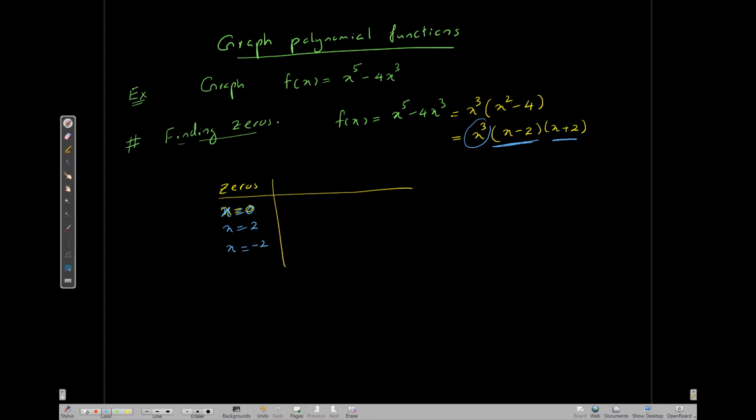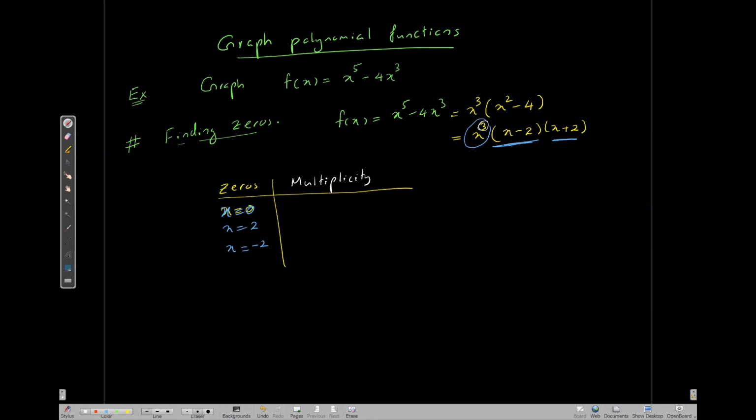Now let's write down the multiplicities. Multiplicity, as we explained in a previous video, is the power of that term in the factored form. So the zero x equals 0 has multiplicity 3.